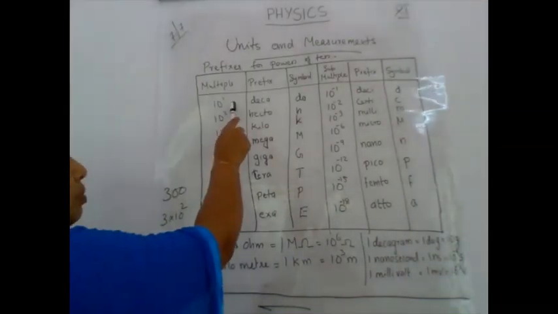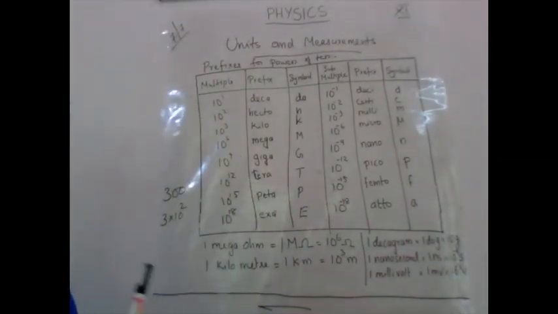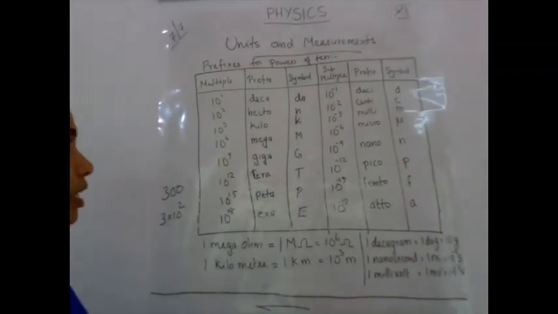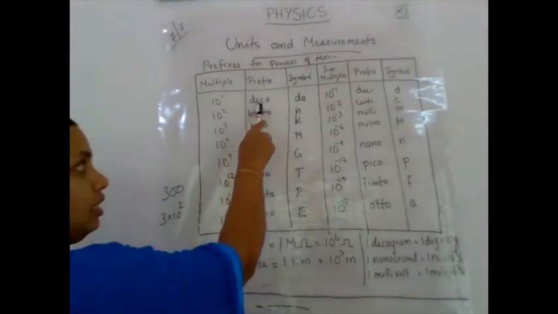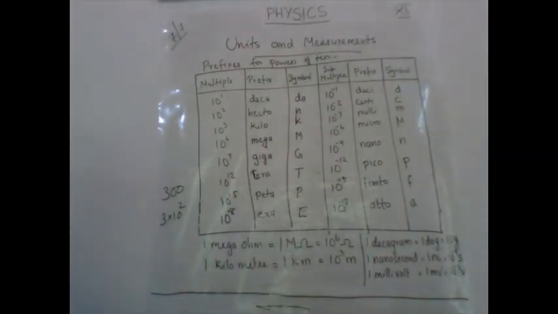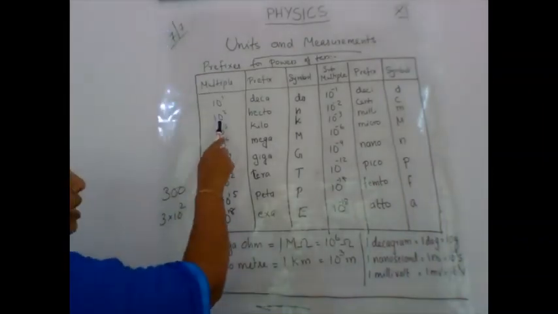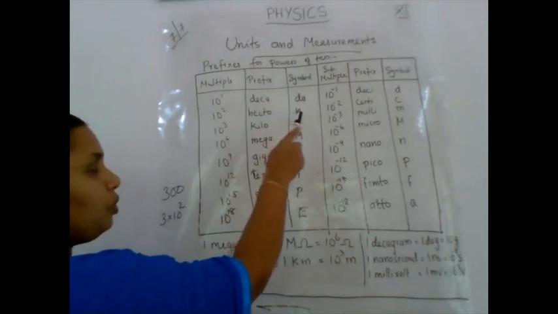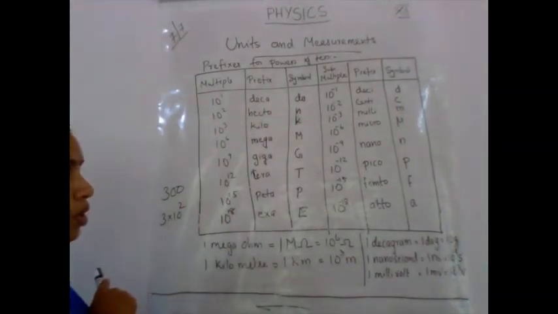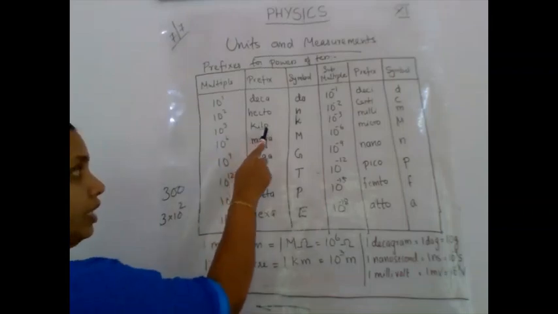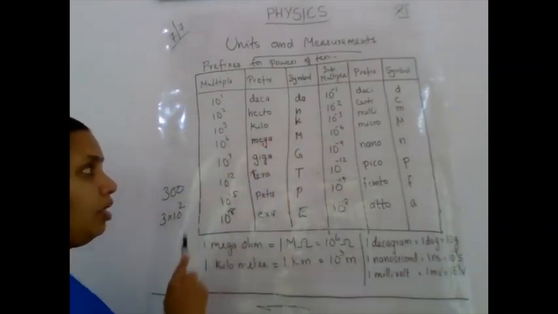So here the first one, 10 raised to 1, the power of 10 is 1, and it is known as deca, represented by small letters da. The second one is 10 raised to 2, it is hecto, represented by small letter h. And 10 raised to 3 is kilo, small letter k.